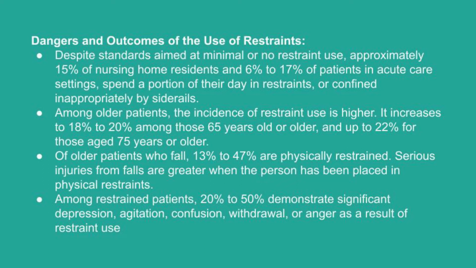Among older patients or older residents, the incidence of restraint use is higher. It increases to 18 to 20% among those 65 years or older, and up to 22% for those aged 75 or older. Of older patients who fall, 13 to 47% are physically restrained.